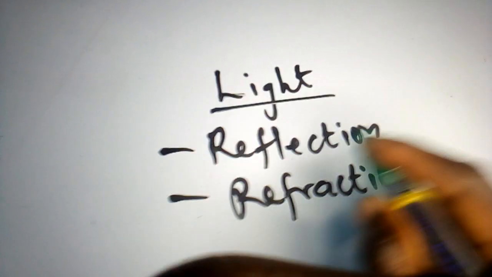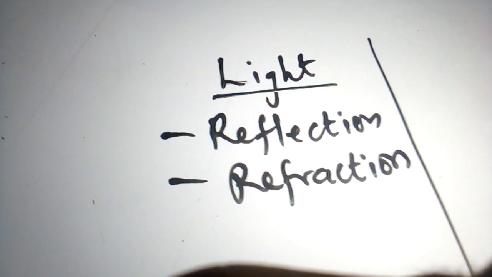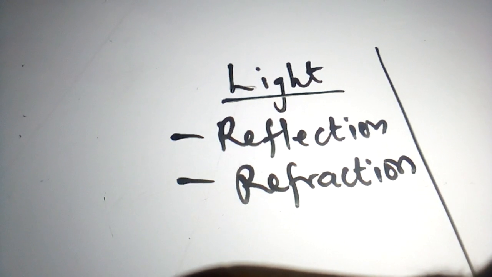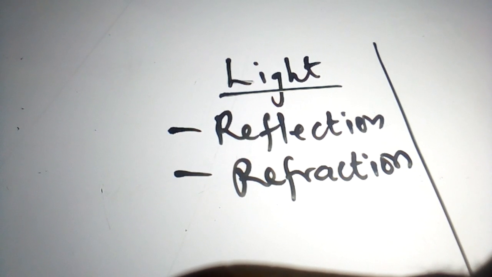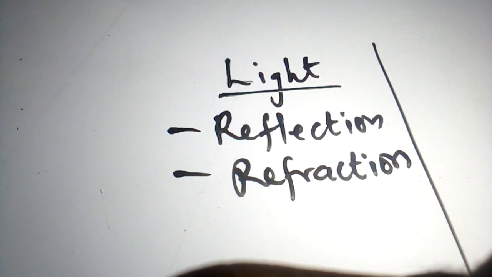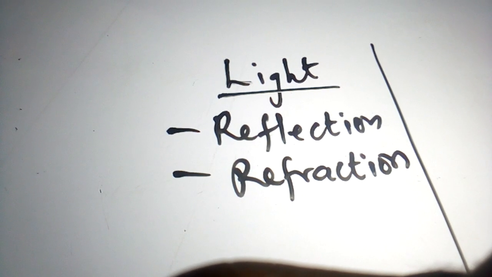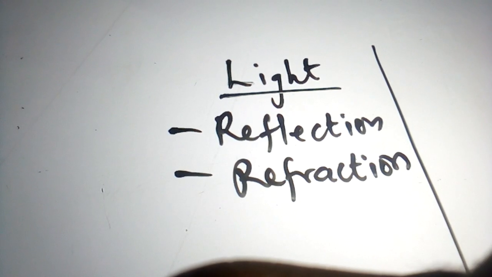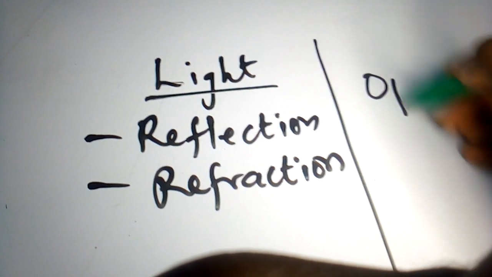So reflection is just like the bouncing back of light when it hits a reflective material. Not all materials could reflect light. Materials that could not reflect light have a rough surface and create a kind of diffuse reflection. And we have opaque materials, so light is unable to pass through those kinds of materials.